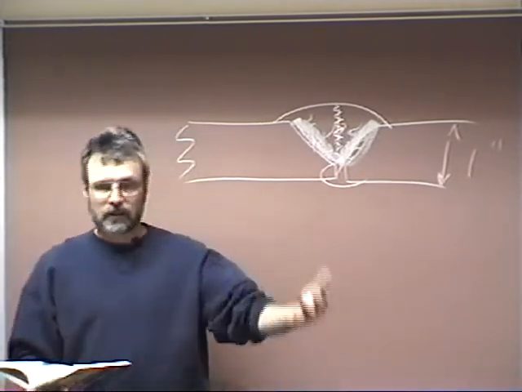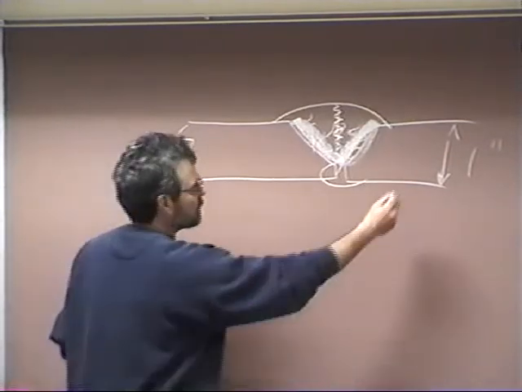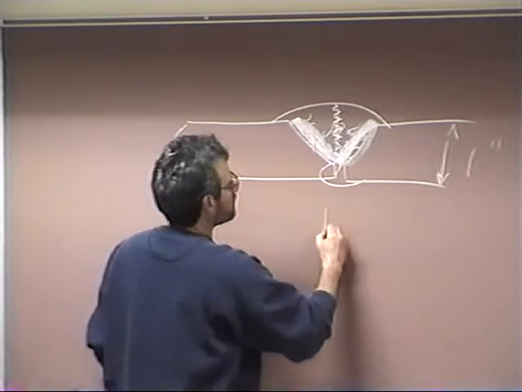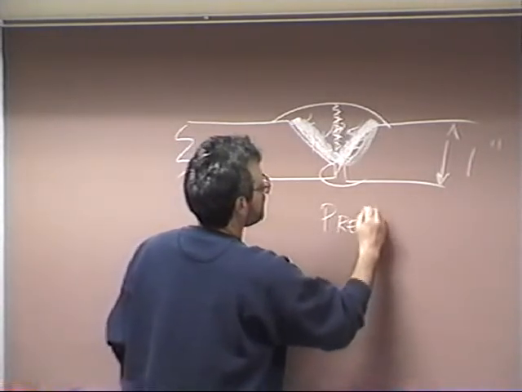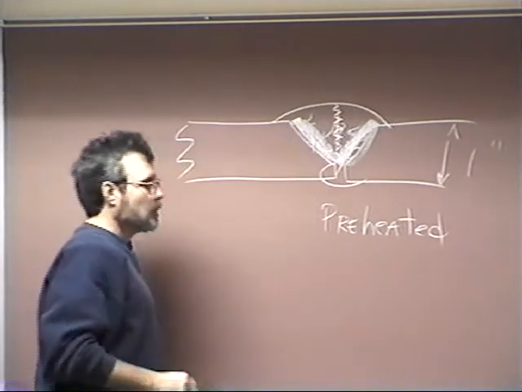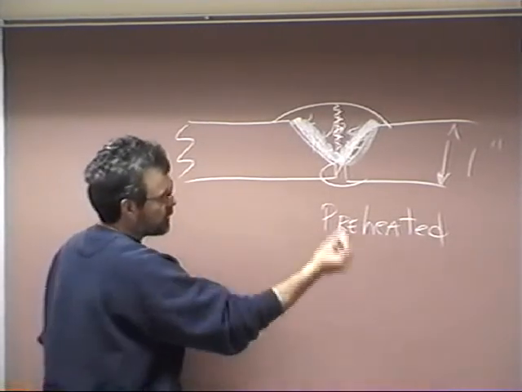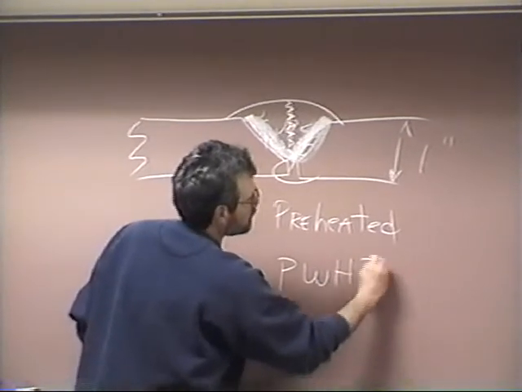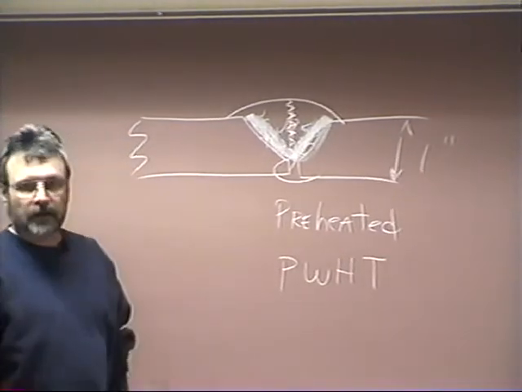Well, you can post-weld heat treat it. And of course, anything that is 1 inch thick or more has to be preheated. You should preheat it and then post-weld heat treat it if the carbon content is too high.